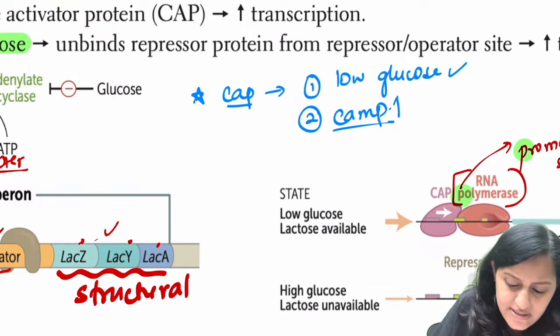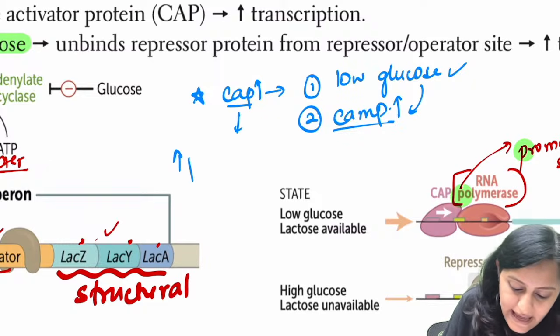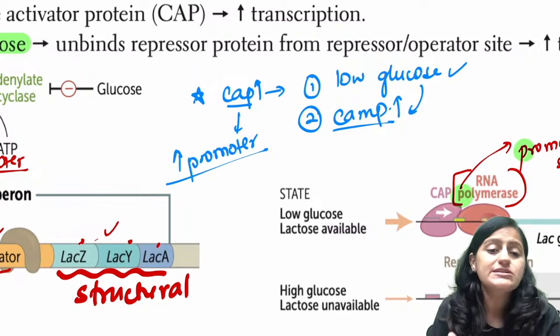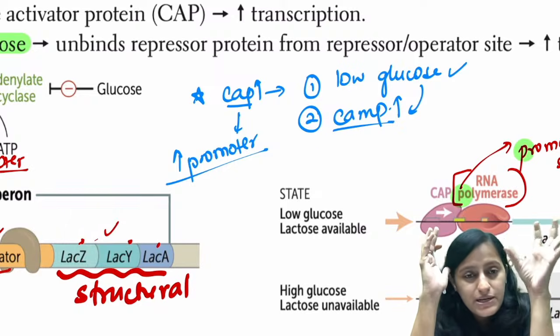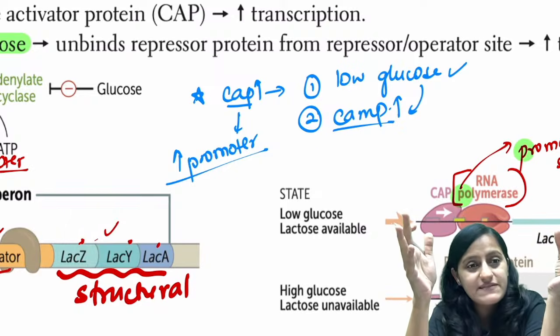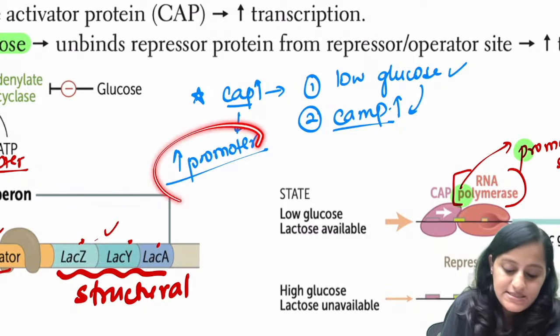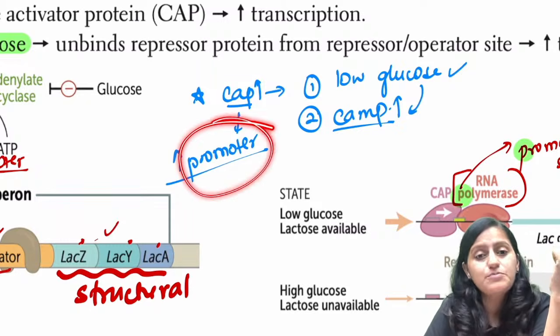Low glucose increases cAMP, increases the binding to CAP, and it increases the promoter activity, the RNA polymerase binding to the promoter. So this is a positive activator. Imagine and visualize when you are on a camp, the low glucose levels are there. Wear a cap, because that is what is promoted, activating the promoter.